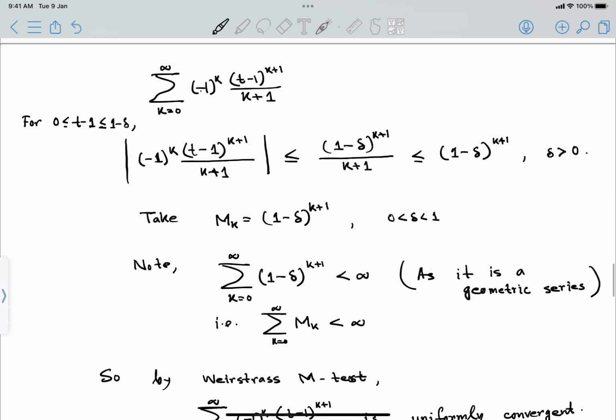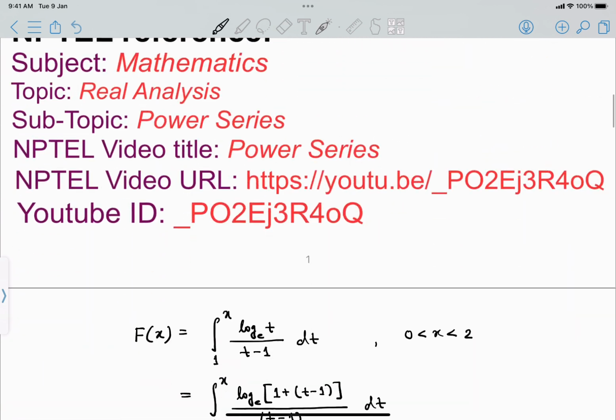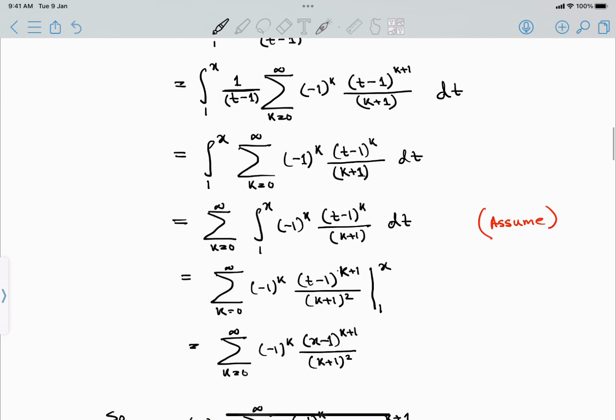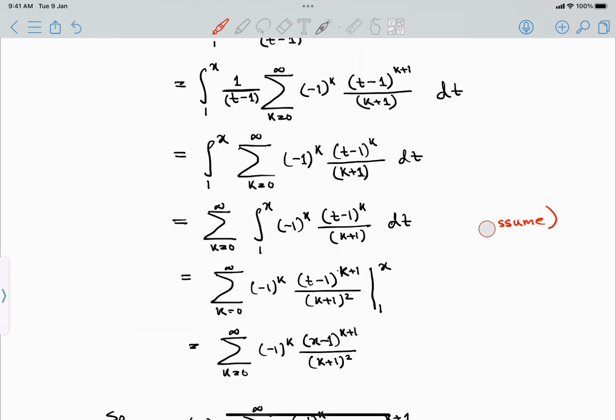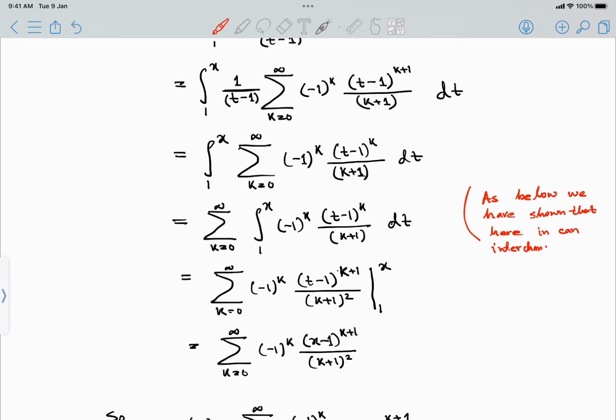Thus we have shown that here we can interchange the integral and summation.